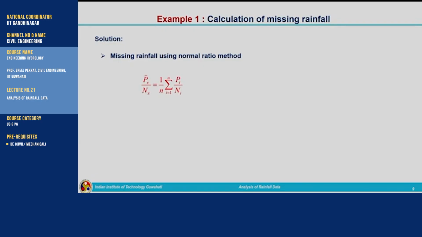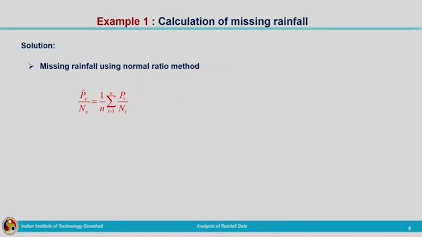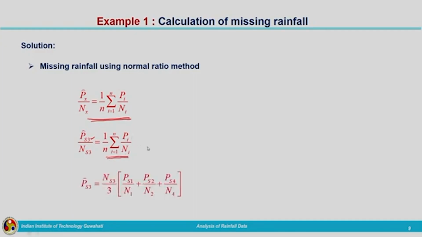For the missing rainfall, we need to use the normal ratio method. The formula we have already seen: we find the ratios of the annual rainfall and the normal rainfall at each and every station, then average those values and multiply it with the normal rainfall of station X. So, here we are just substituting the values. Our station X is the third station S3. PS3 divided by NS3 can be equated to the average of the ratios from neighboring stations.